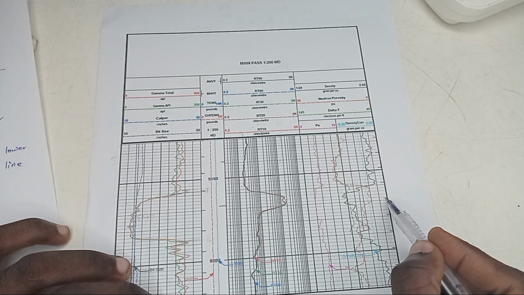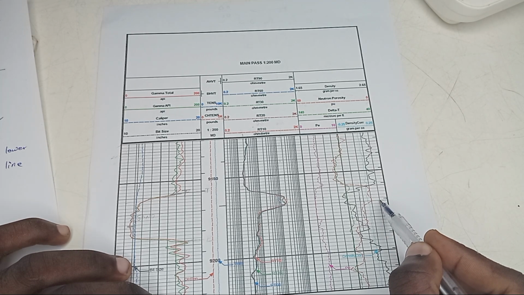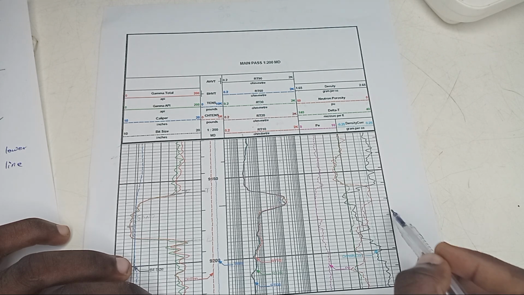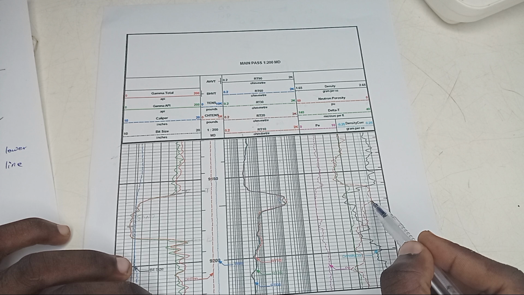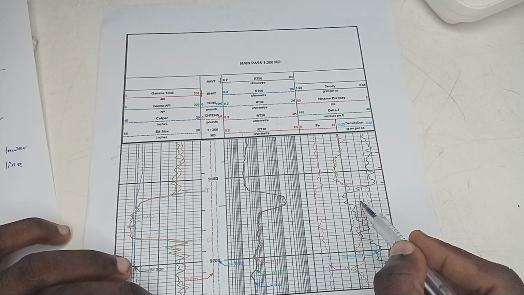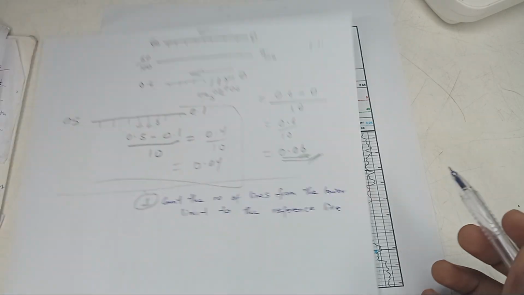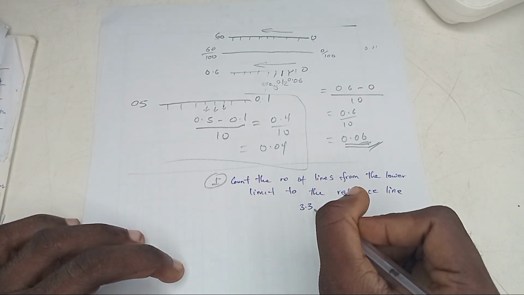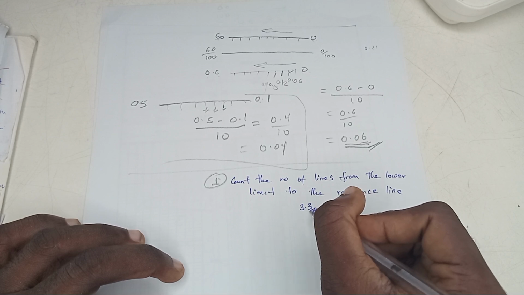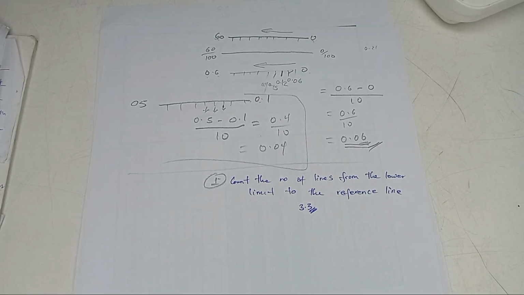It's 0. Now count it. I told you, you do not count the lower limit. So 1, 2, 3, and here is 4, but here is like 3.3, it's not up to the middle. So the reference line is exactly at 3.3 from the origin.